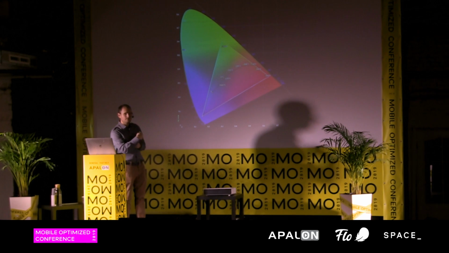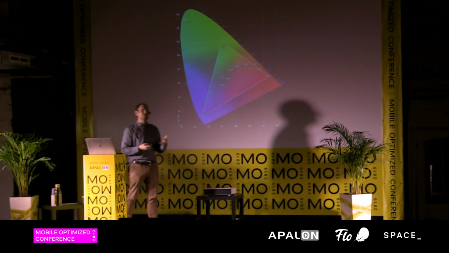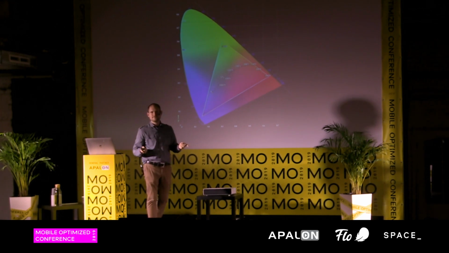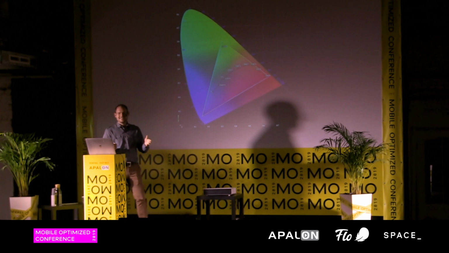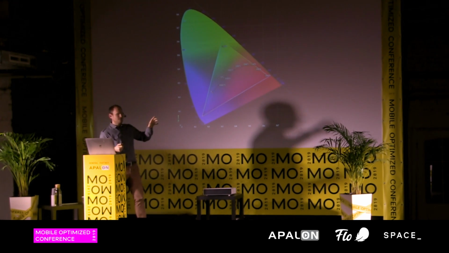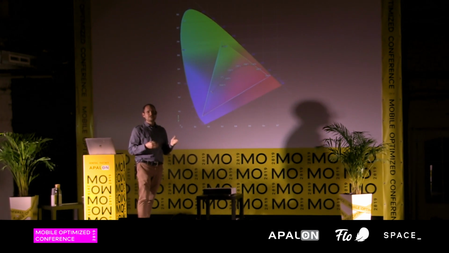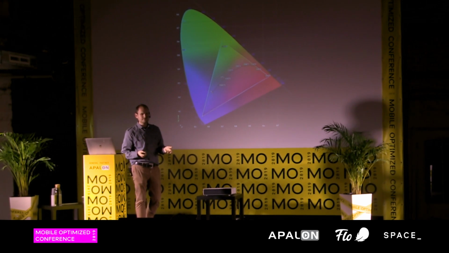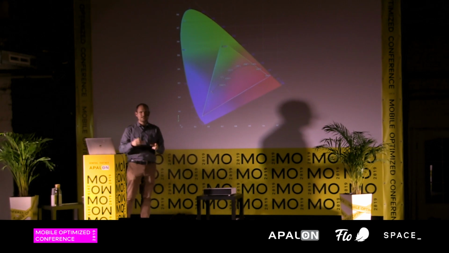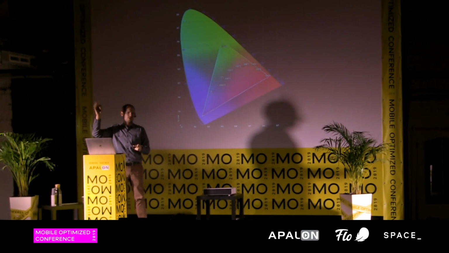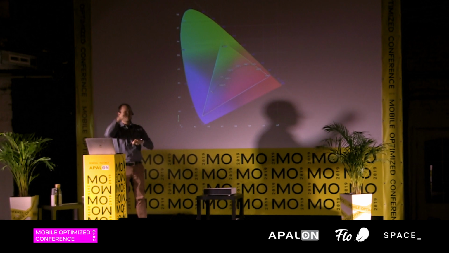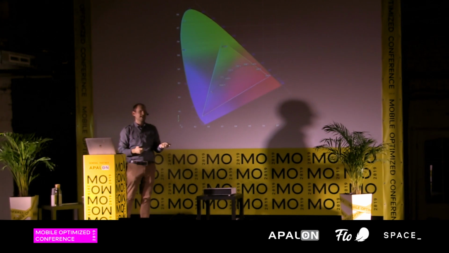This horseshoe represents all of the visible spectrum that your eyes can see, unless you're a genetic anomaly or you're a dog. The problem is that this triangle in the middle is everything that most monitors can display, the sRGB color space. It's a very small subset, so if there's a value in the real world that you can't display there, you need to perform some math to squeeze it into that tiny triangle.